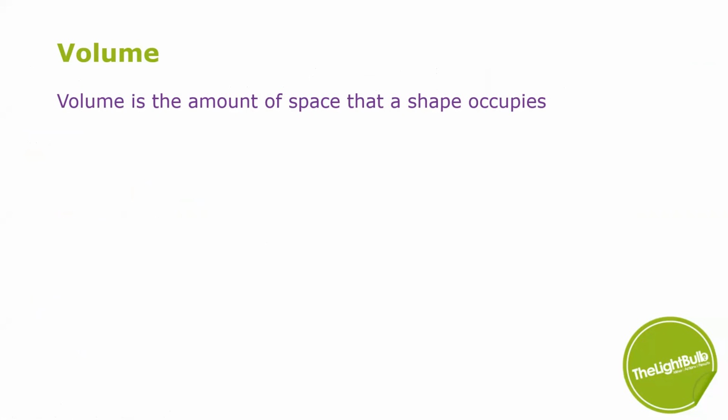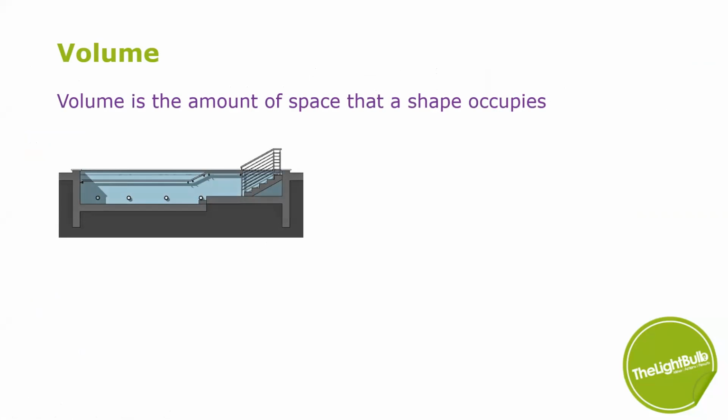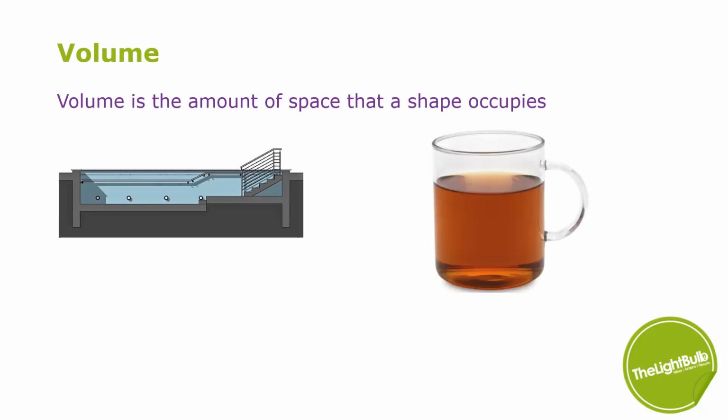But now we're actually looking at a three-dimensional shape, and we're thinking about the contents. So, for example, whether that's a swimming pool, and we're thinking about the volume of water that it has, or we're thinking about a cup of tea, perhaps, and how much tea is left in my cup. Or whether we're thinking about the volume of oxygen it might have in a diver's oxygen tank. Volume is to do with the internal contents of a shape or an object.